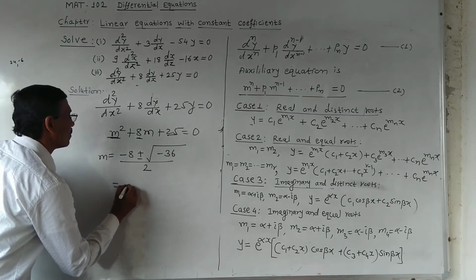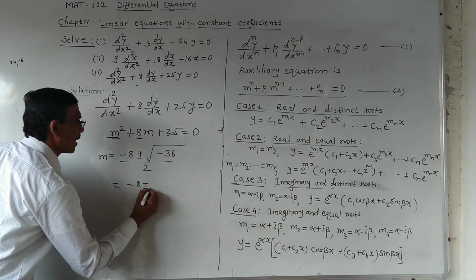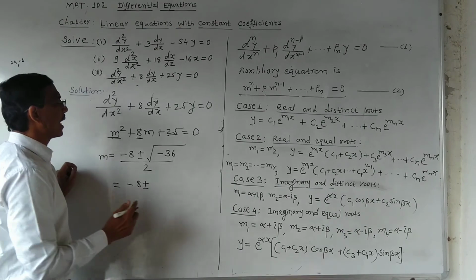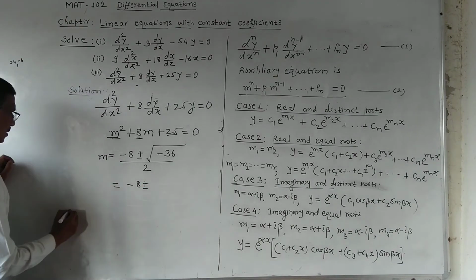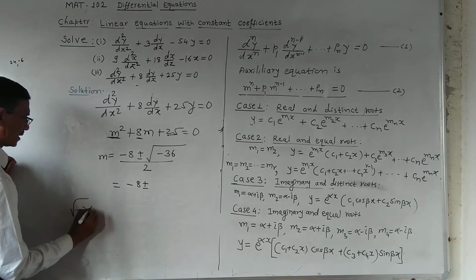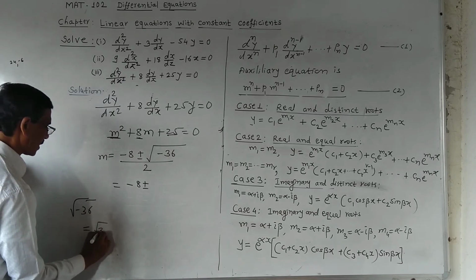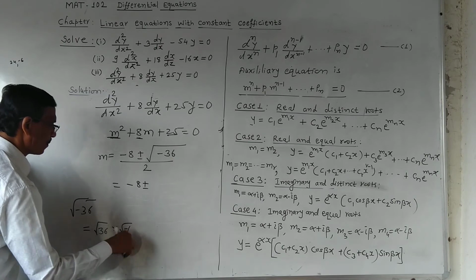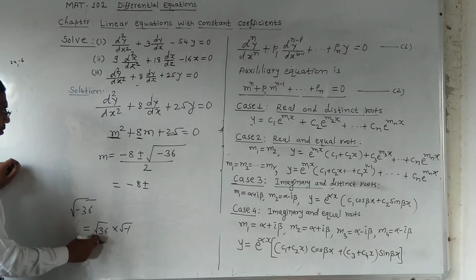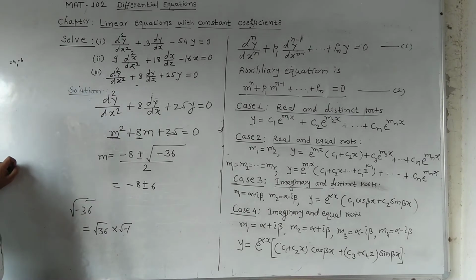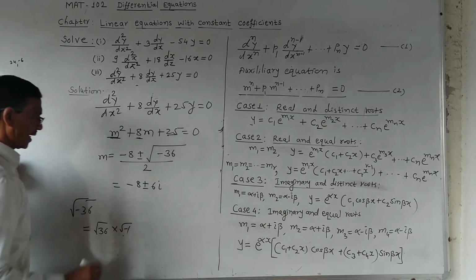Further, this can be written as minus 8 plus or minus square root of minus 36. Minus 36 can be written as square root of 36 into square root of minus 1. Square root of 36 is 6 and square root of minus 1 is i, the imaginary unit.